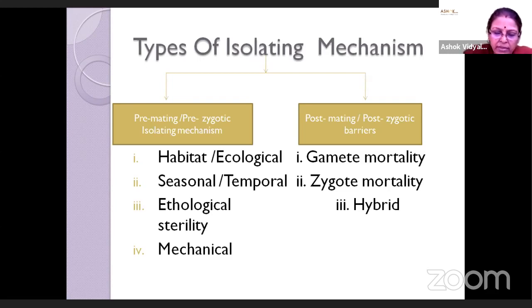Two types, I said. We'll take up first this geographical isolation. It is the physical separation of two populations by geographical barriers. Barriers can be a mountain, a river, or large areas of climatic differences. The separated populations develop distinct gene pools.